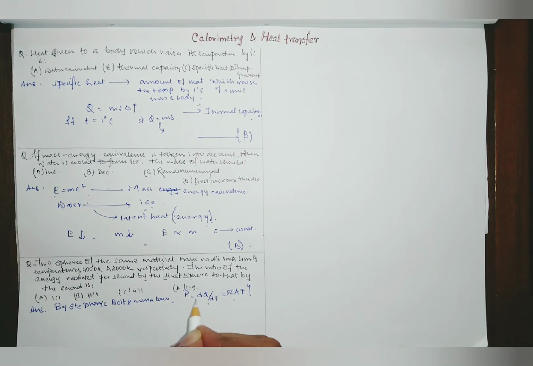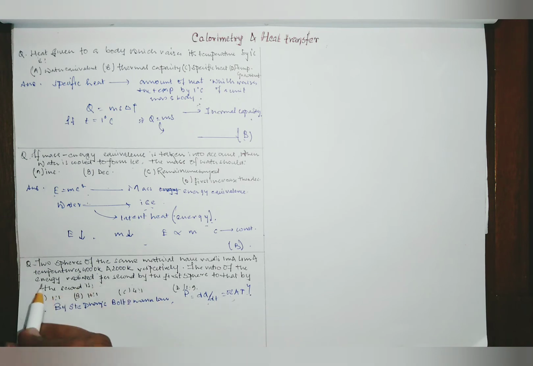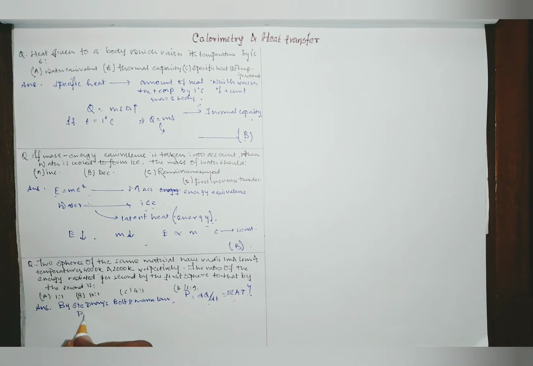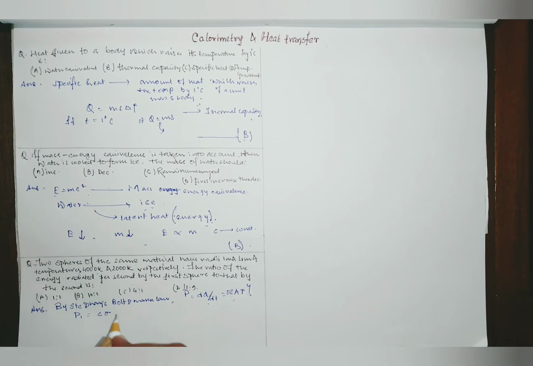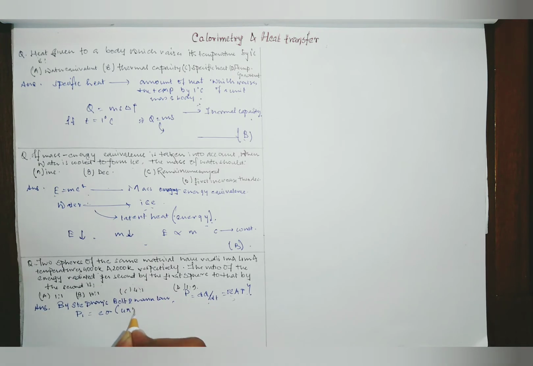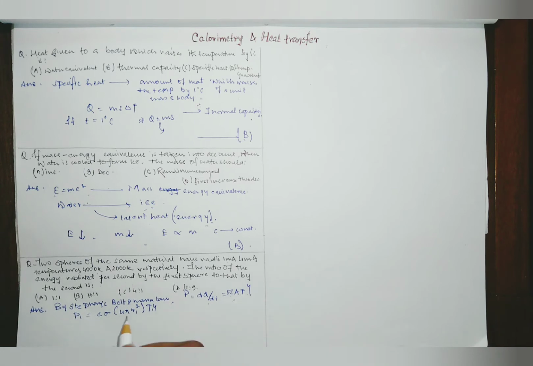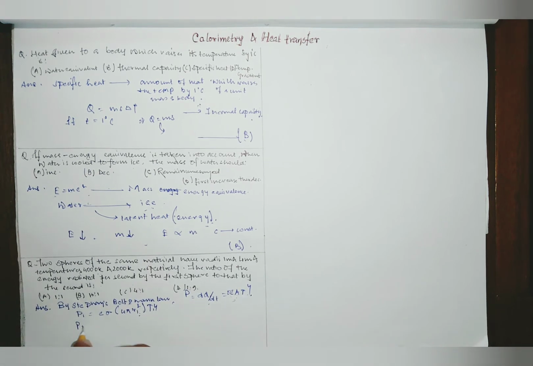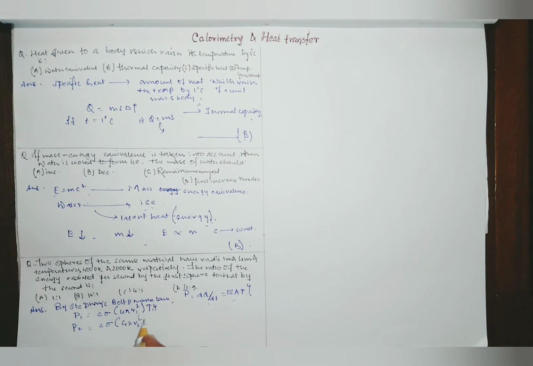Now P is nothing but dQ/dt, that is energy radiated per second, right? So P1 = e sigma 4 pi R1 square T1 to the power 4. We have done nothing but expanded the formula of area, which is 4 pi R square, and P2 = e sigma 4 pi R2 square T2 to the power 4, right?